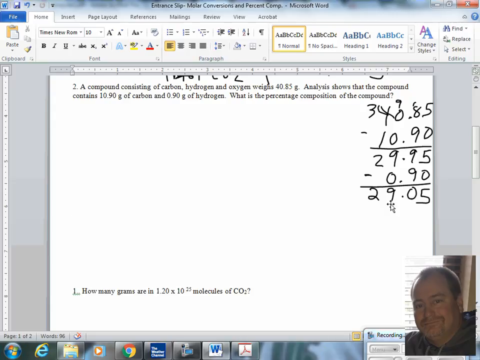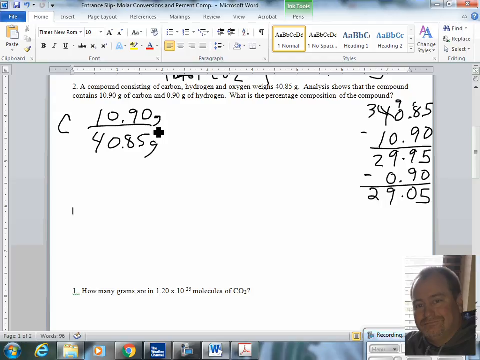Now, I'm going to start out. I'm just going to do them in the order that they have them done, and I'm going to round mine to 2 decimal places after. Okay, 2 decimal places after. So, carbon is 10.90 out of the 40.85 grams.